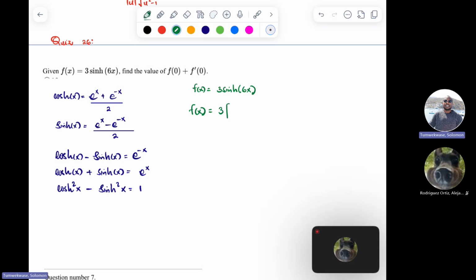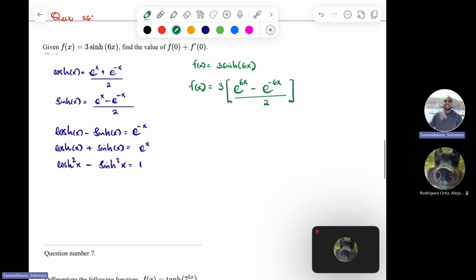So this is 3 times sine hyperbolic, which is the same as e to the power of whatever angle you have there, in this case 6x, minus e to the negative 6x, and the whole of this over 2. I need to calculate f of 0. So my f of 0 is 3 over 2 times (e to the power 0 minus e to the power 0), and that is 0, because e to the power 0 is 1 and e to the power 0 is also 1.